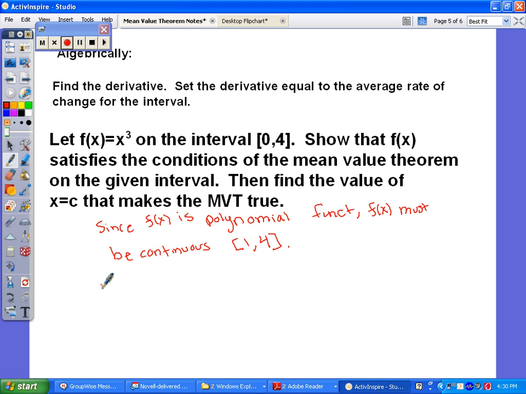Okay? And if we take the derivative, you get 3x squared. And again, 3x squared is a polynomial, which means f prime of x exists.